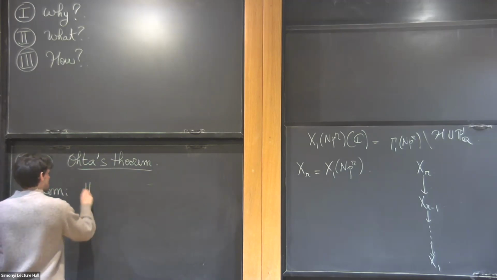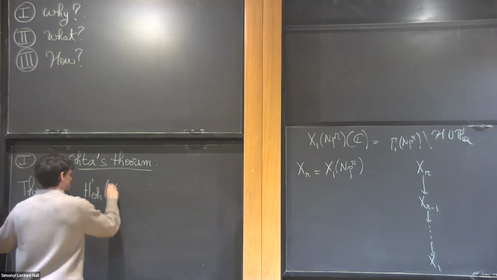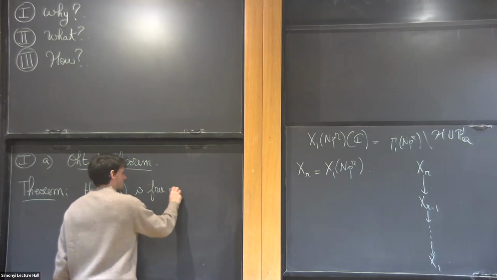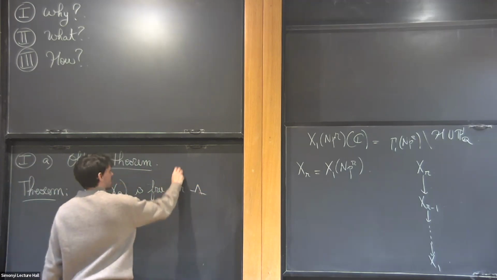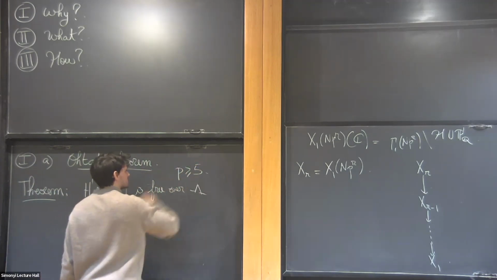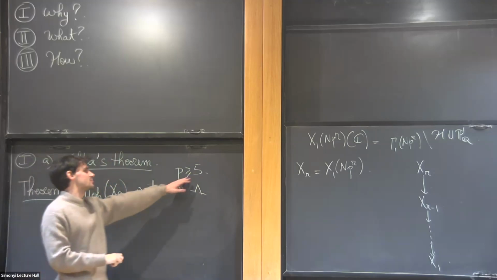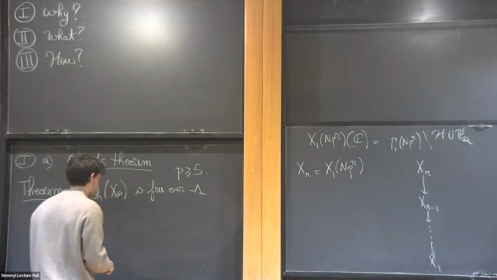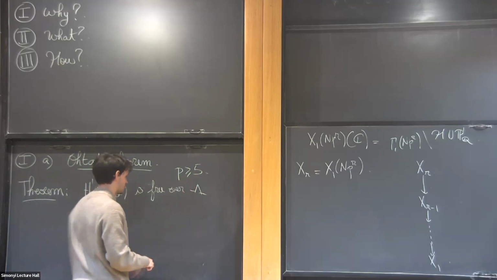H1 Ohta of X infinity is free over Lambda. Sorry, here p is greater than 5. So let's assume this, you can reduce it to 3 with a little bit more work. Actually, our arguments later will give p greater or equal to 3.